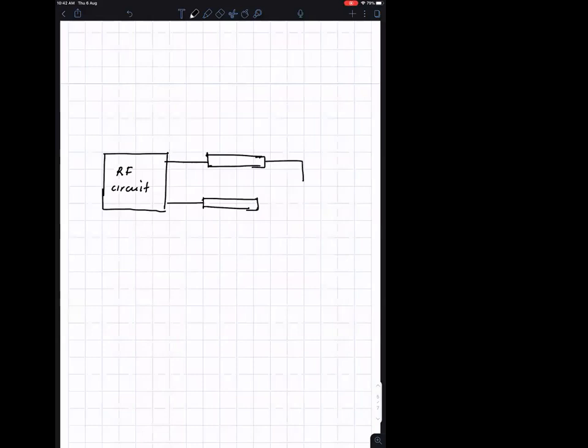An RF circuit with a transmission line, and this transmission line is connected with a capacitor C. It has a characteristic impedance and its quarter wavelength.